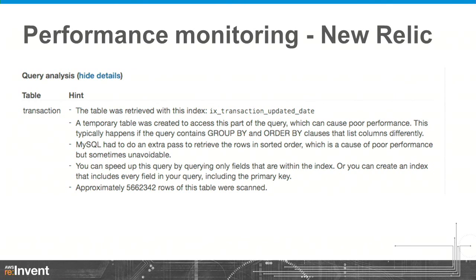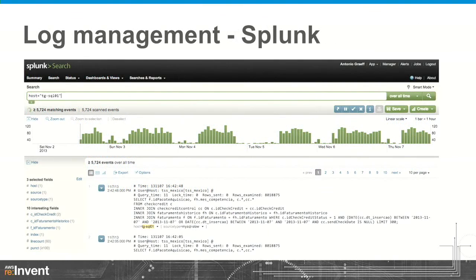A developer can identify a badly performing query, fix the problem, and deploy the solution in a matter of minutes without ever having to access the production RDS instances directly.